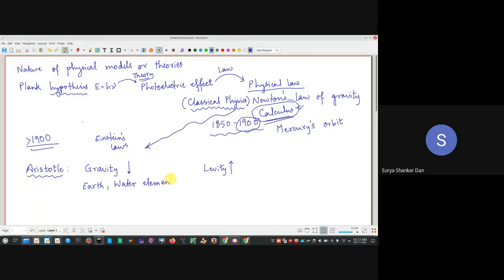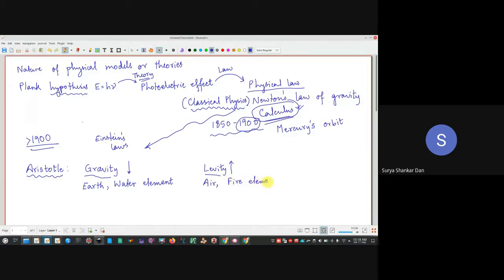Remember, this element has got nothing to do with the elements and compounds in chemistry. The word chemistry was not invented during Aristotle's time. Levity is another force, the tendency of certain elements to rise up. The first one is the air element, and the other one is the fire element.